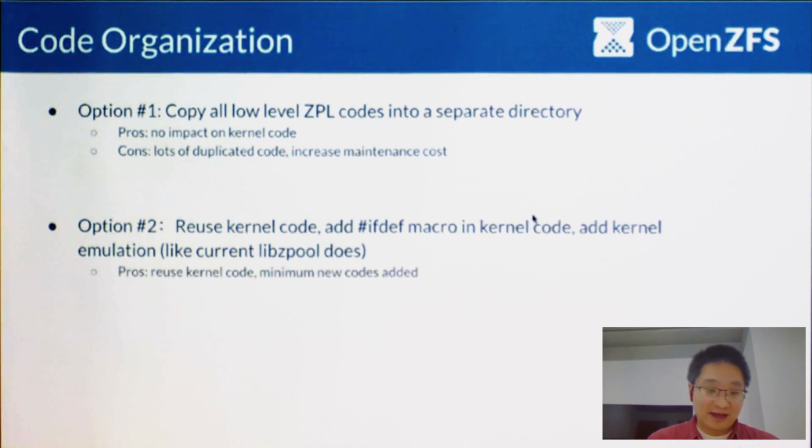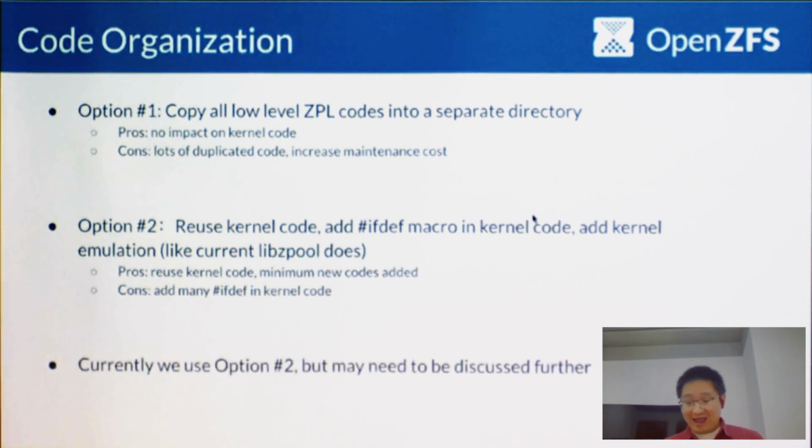The pros are that we can reuse the kernel code and add minimal new code. But the cons are that there will be many ifdefs in the kernel code. Currently we use option two, but I think this may need to be discussed further.